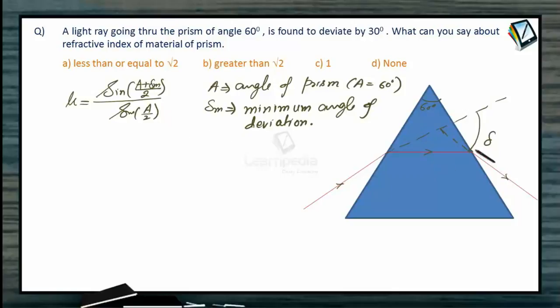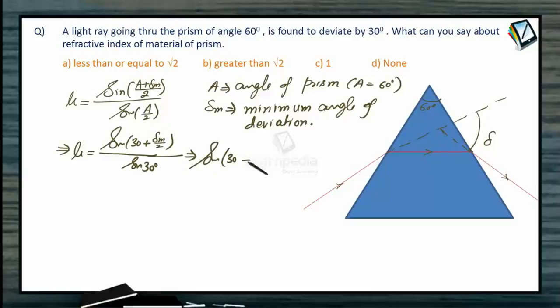If we substitute the value of A as 60, then what we have is mu is equal to sine of (30 plus delta minimum divided by 2) upon sine 30 degree. So we can simplify this further. Sine of (30 plus delta minimum divided by 2) is equal to mu divided by 2, because sine 30 is half.